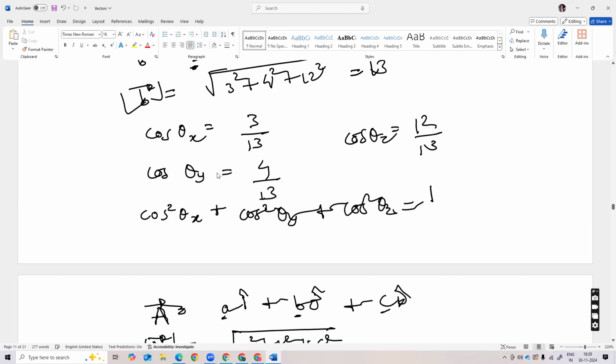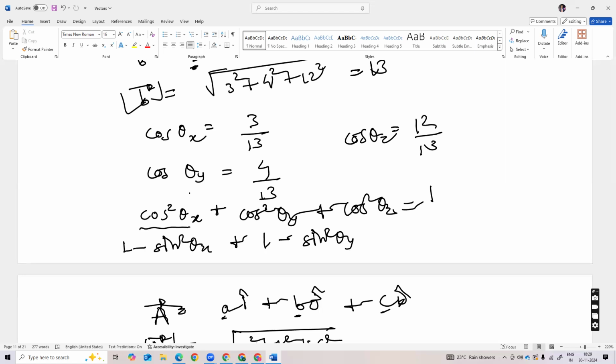Similarly, if someone asks you to find the same thing for sine square theta x, then you will simply write cos square theta x as 1 minus sine square theta x. For y also you will write plus 1 minus sine square theta y.